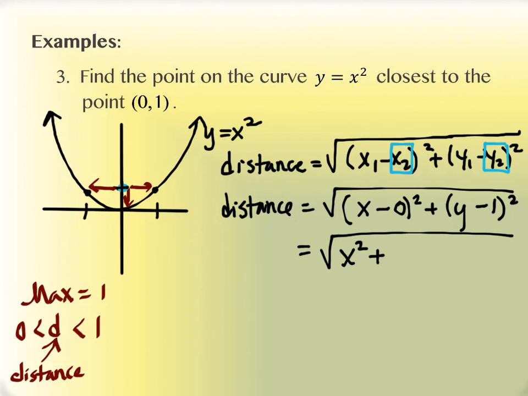You can. We have an equation for the relationship between y and x. Y is x squared. So I can actually plug in x squared in place of y. And then I can square that out.